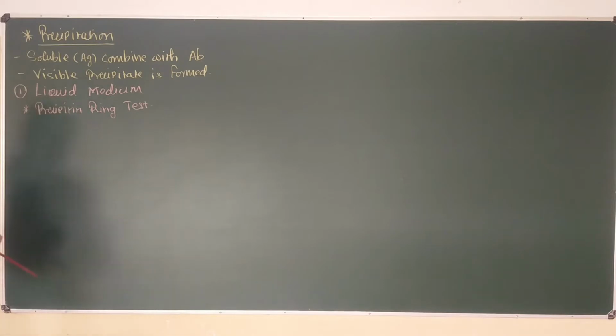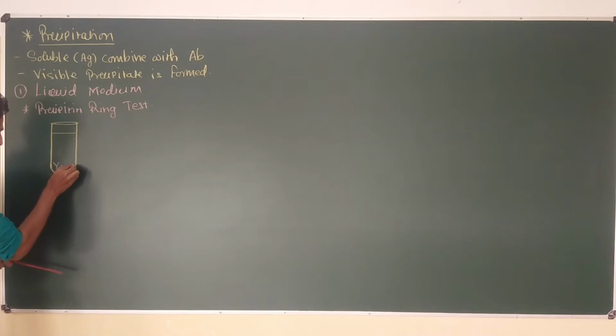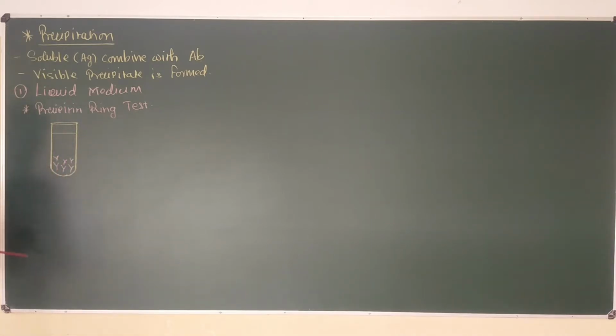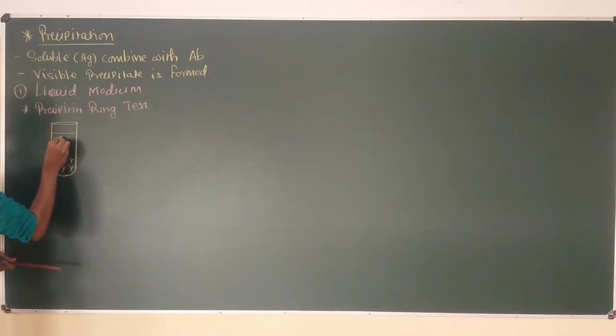In this type of reaction, the antigen-antibody complex is produced in liquid medium. For example, suppose this is a test tube which contains buffer, and in this test tube we have added antibodies at the bottom and their complementary antigen at the top.